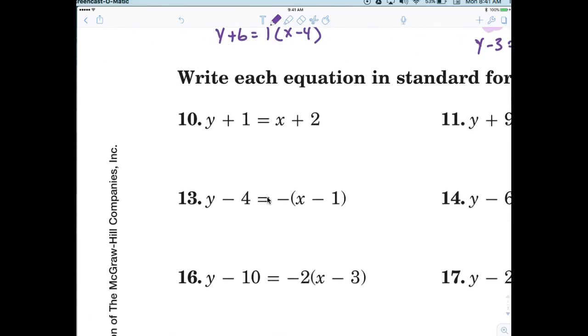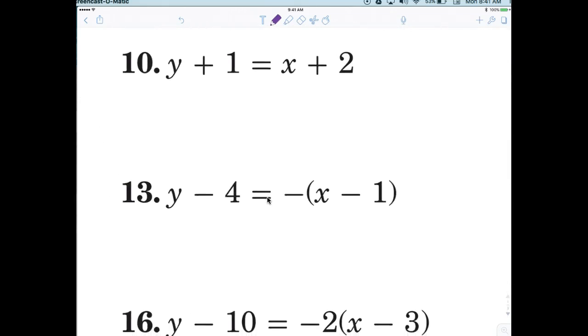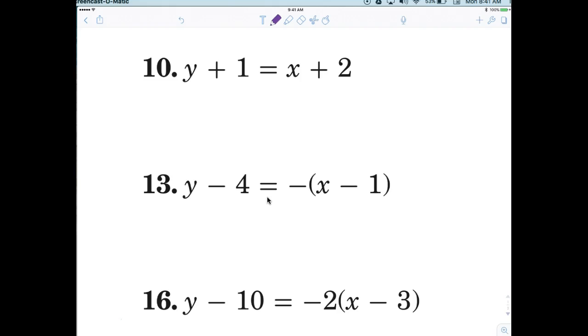Right now, on number 10, you're just rearranging the formula so x and y are on the same side. Now look, x has to be positive. So that means I'm going to throw y over here, and I'm going to throw 2 over here. Does everybody agree with that? Because I want the x always to be positive.